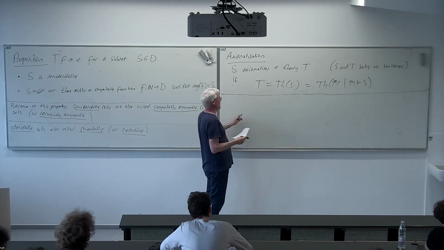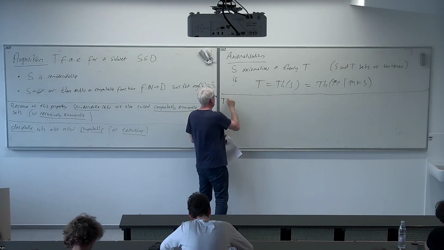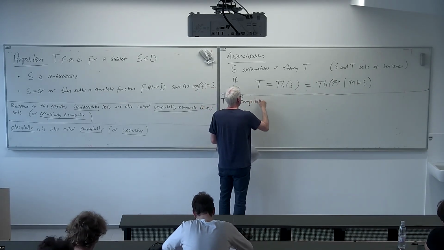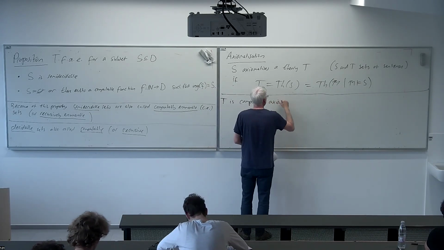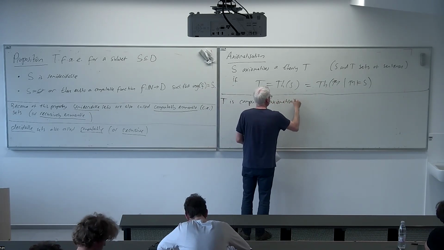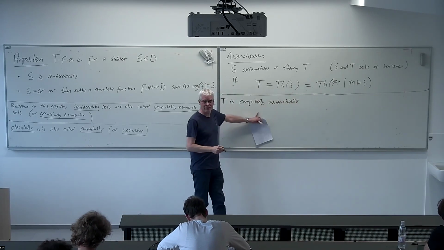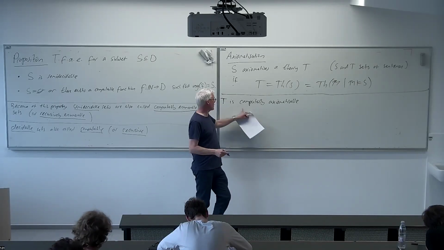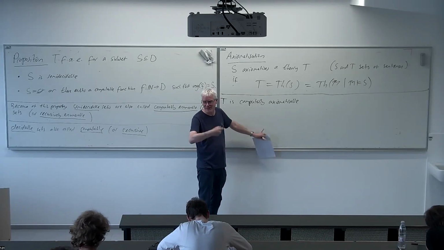And we simply say that T is computably axiomatizable. Well, can somebody guess what the definition is? Yeah. If, well, what is S? So if there exists an S that is computable.